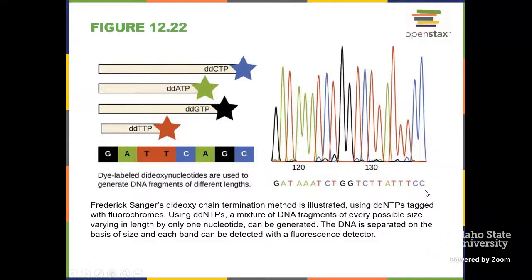Each one of them at some point would wind up with the dideoxy incorporating instead of the deoxy, and it's got the tag on it based off of its respective color that's on there, right? And as it moves through there, it gives us these respective peaks showing basically where we're at, and spitting it all out, you get the sequence data, right? That tells you here's this whole product, right?